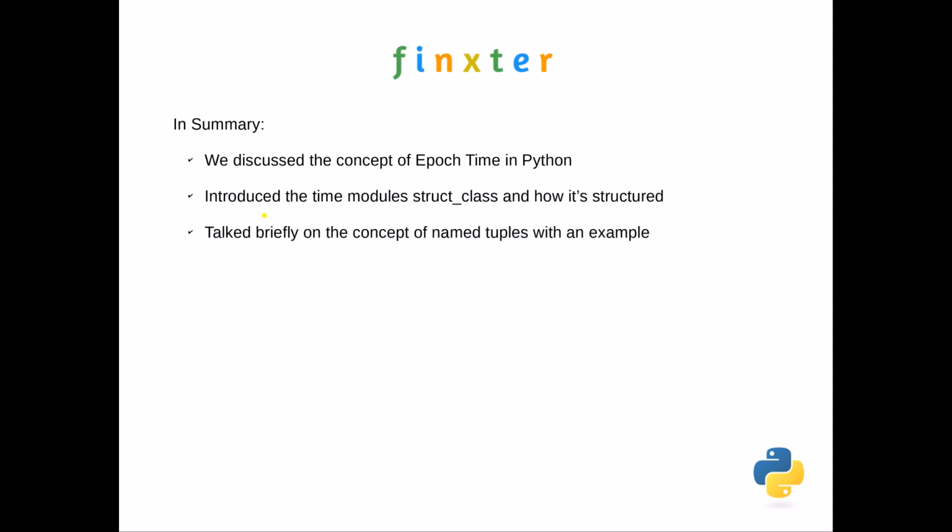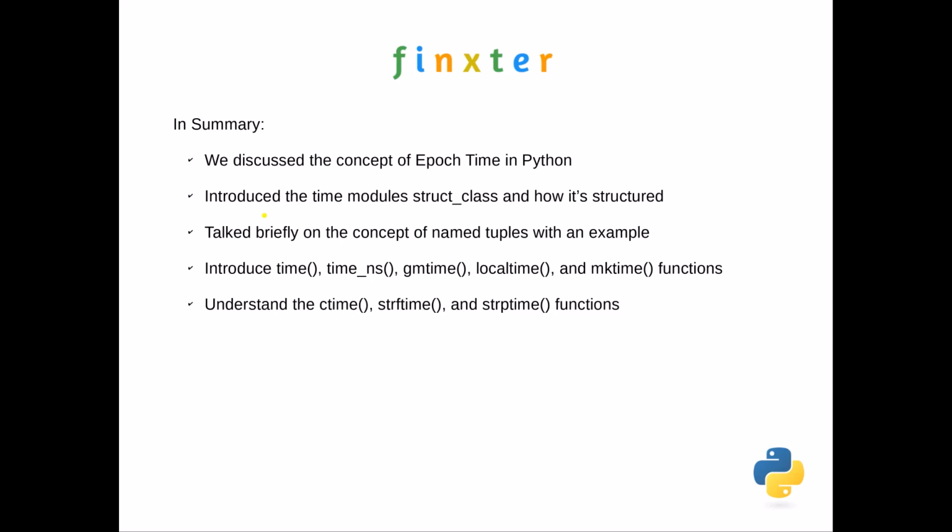We talked briefly on the concept of named tuples, and we gave a simple example so you understood how they worked. We introduced time, time_ns, gmtime, localtime, and mktime functions, and also ctime, strftime, and strptime functions. And we showed you examples of each of those functions in use.